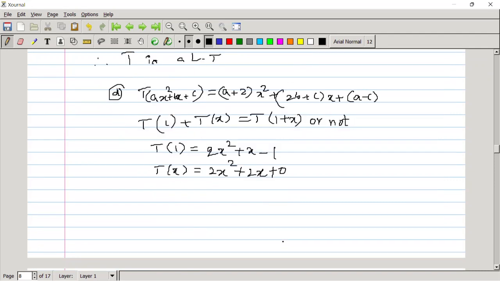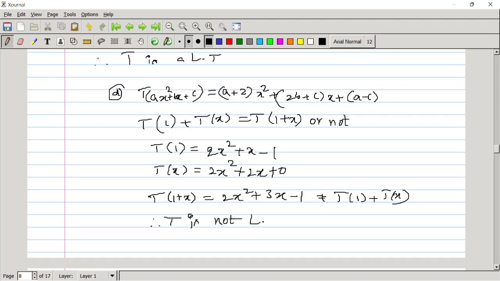The sum of these two elements has to be equal to T of 1 plus x. Firstly let's check what T of 1 plus x is. By the definition of T, this is equal to 2x square plus 3x minus 1, which is not equal to T of 1 plus T of x. So you can say T is not a linear transformation.